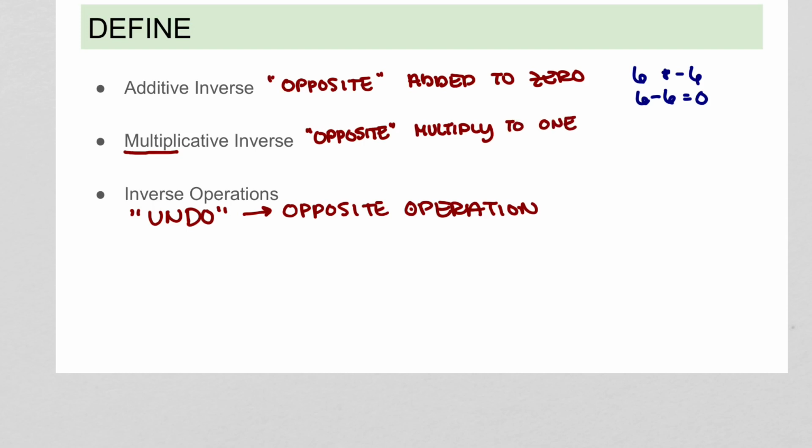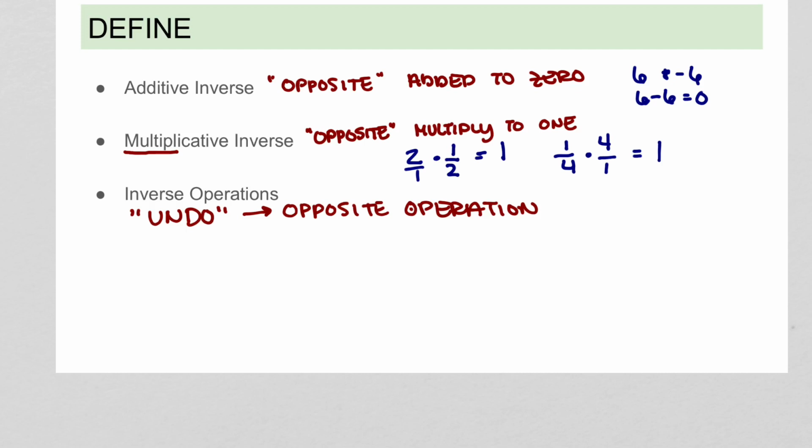So think about it like, if I have 2, the multiplicative inverse of 2, what can I multiply times 2 to get 1? Well, I'm going to multiply times 1/2, right? What if I have 1/4? The multiplicative inverse. What do I multiply by that to get 1? Well, that's 4, or 4 over 1.